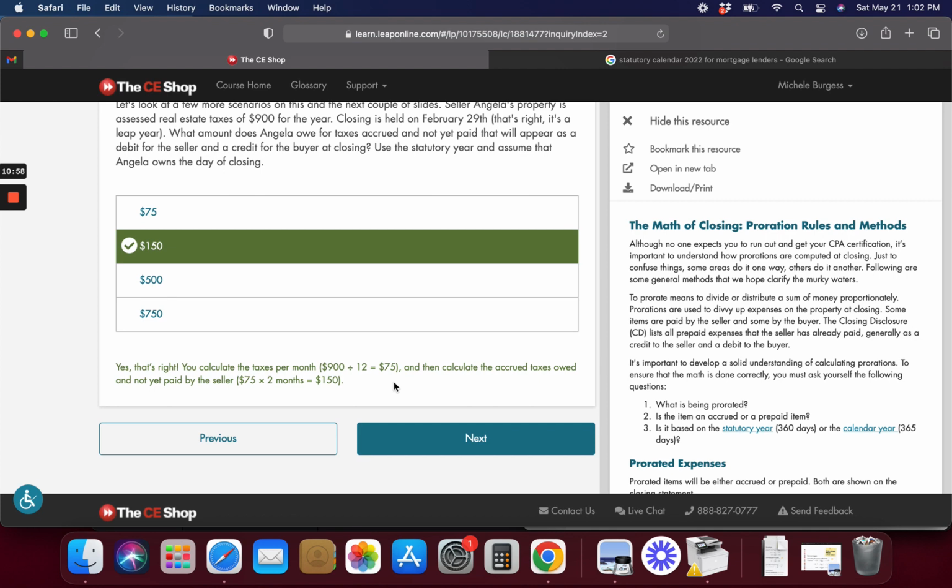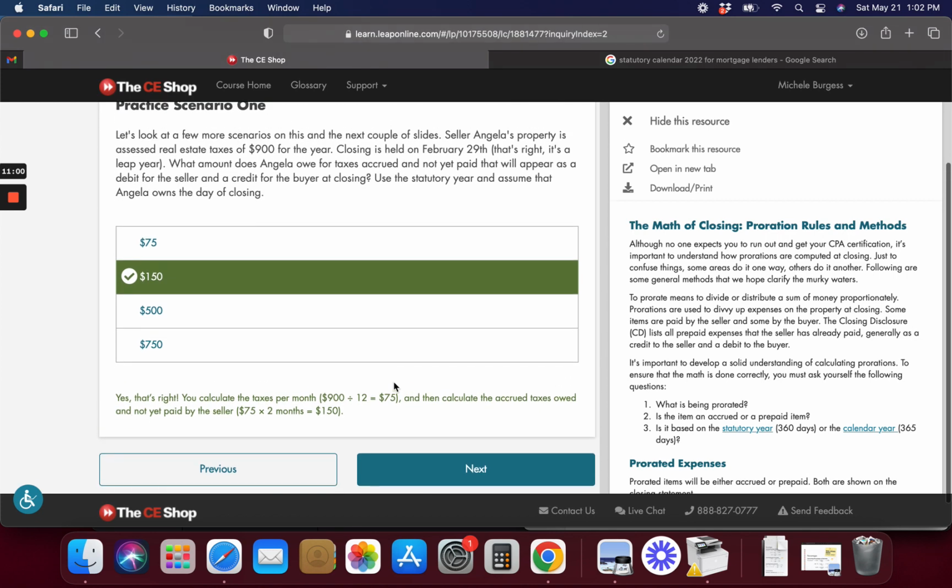Okay, so let's see what they did here. I love it when I guess right. That's awesome. We also need to know how to solve it. Okay, so we got 900 divided by 12 months, 75. And then we got 2 months that were already paid and not yet paid.